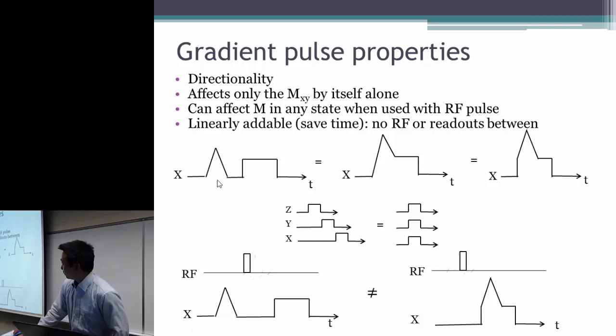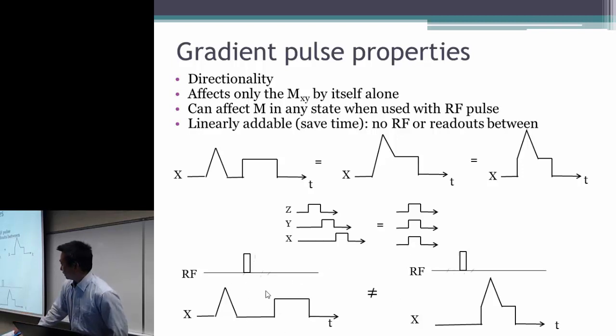For example, if you plan to apply two gradients consecutively, you can partly or fully combine them, and the effect will be the same. And if you apply a gradient along z, another along y, and another along x, as long as there is no RF pulse or readout between them, you can apply them at the same time. It will give you the same results.